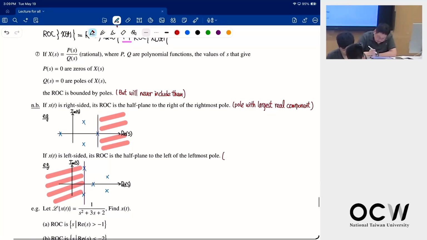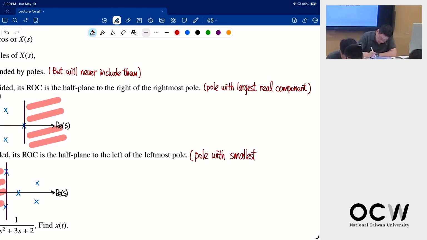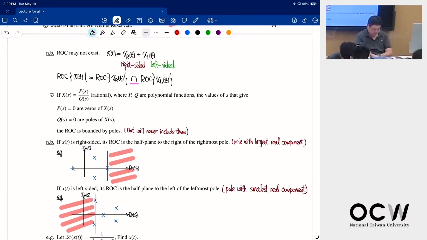That also means the pole with smallest real component. And then later on we will see an example.